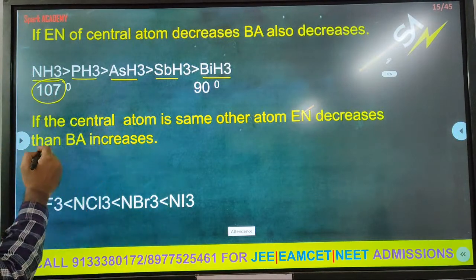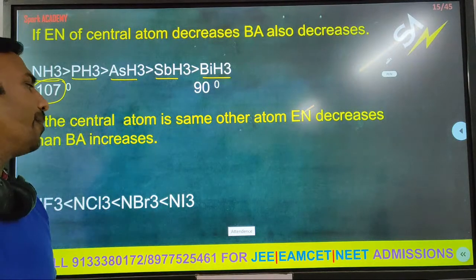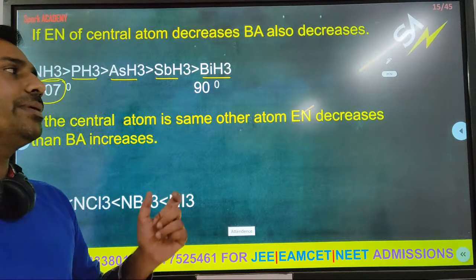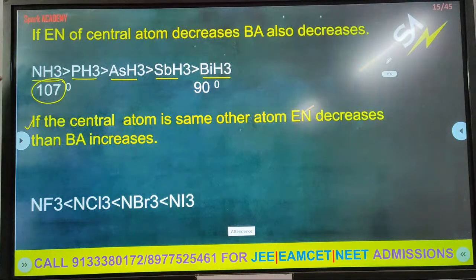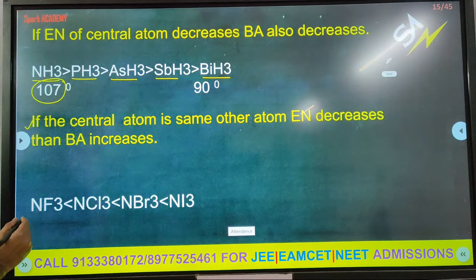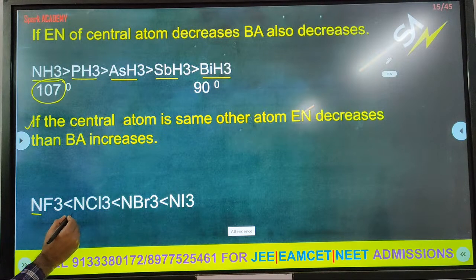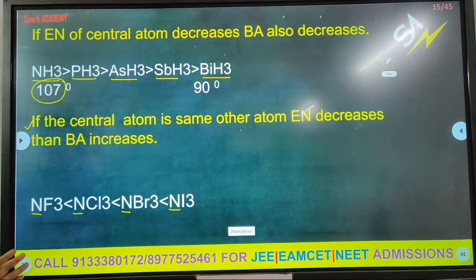Now come to the next statement. If the central atom is the same, but the other atom's electronegativity decreases. Before, only the central atom was different, but here the central atom is the same: nitrogen, nitrogen, nitrogen, nitrogen. But the other atoms are different. What is the other atom in the first one?